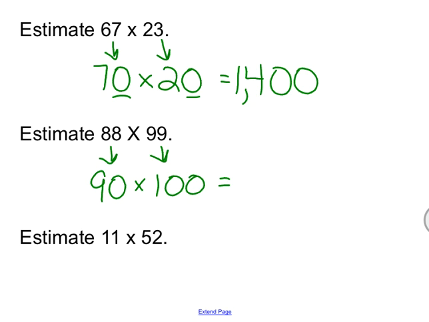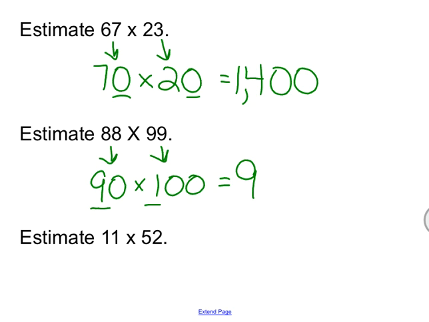Okay, so now again, we don't want to rush. We want to do our basic facts, which is 9 times 1. And that gives me 9. But then I need to go count up all the zeros I see in both of the factors.